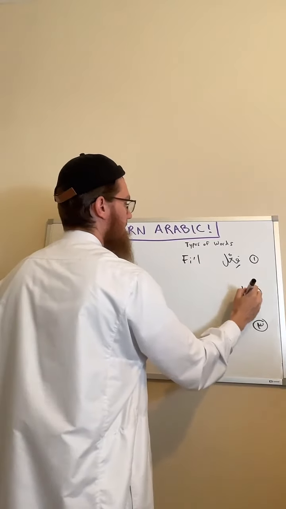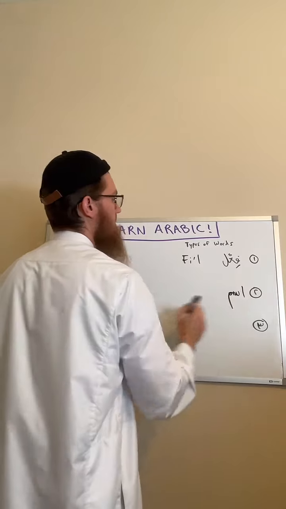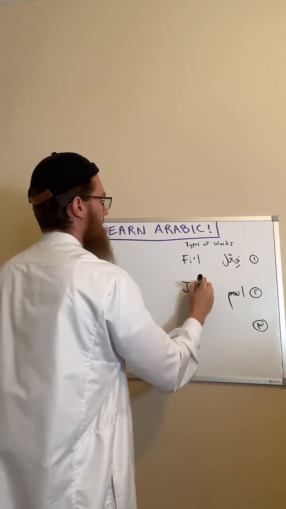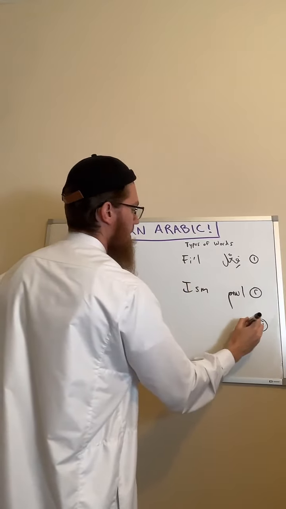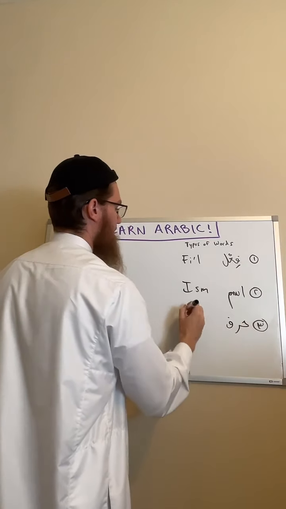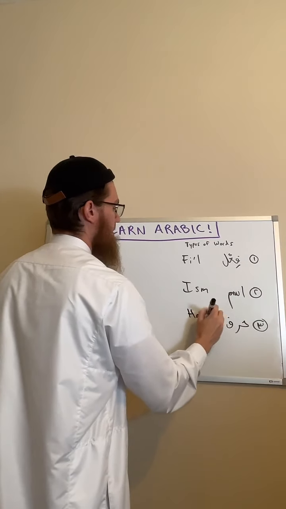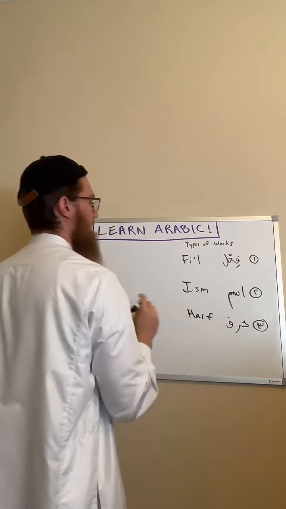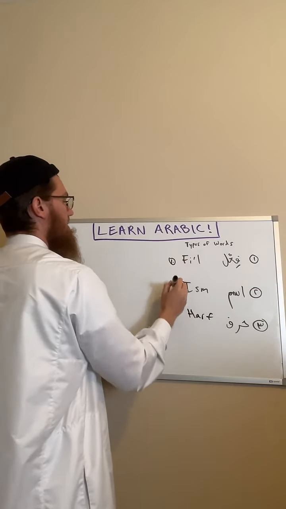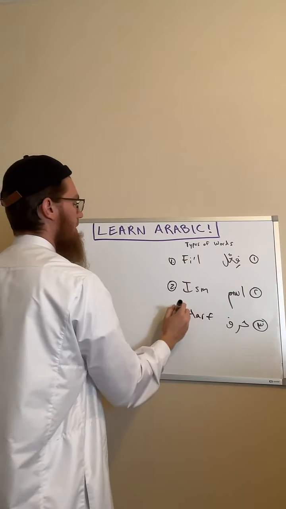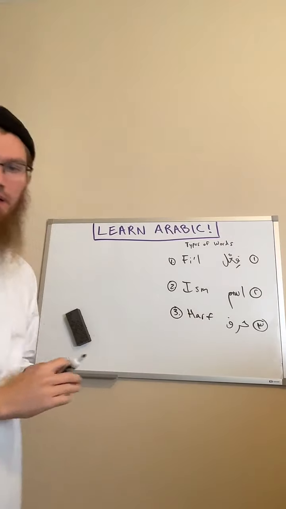Second category, ism. Third category is harf. So there are three types of words in the Arabic language.